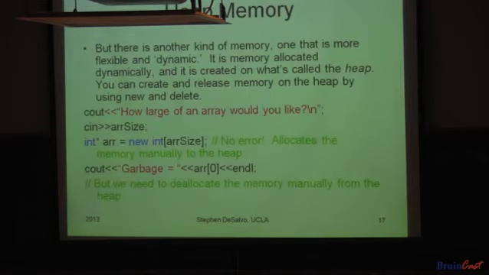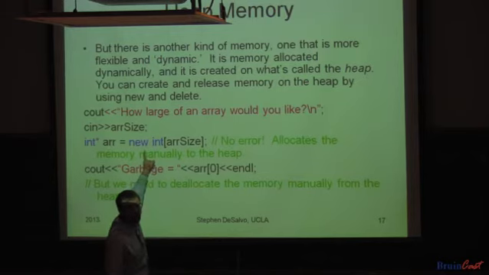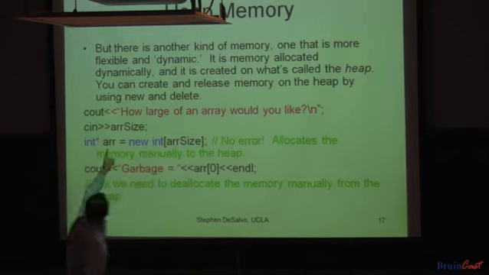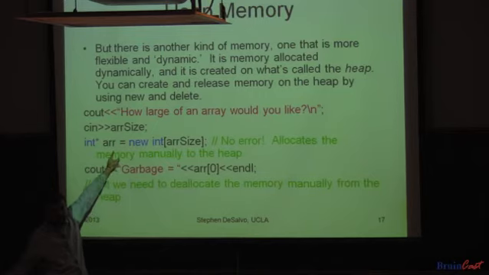Okay, now, if you create an array using new, now, this variable ARR lies on the stack because that one doesn't have anything new associated with it. That's just a variable. It's an integer pointer.